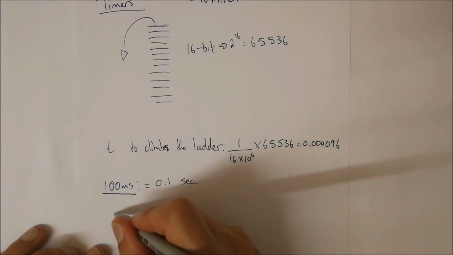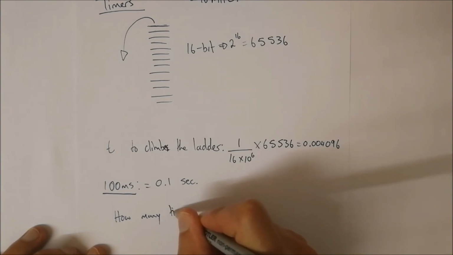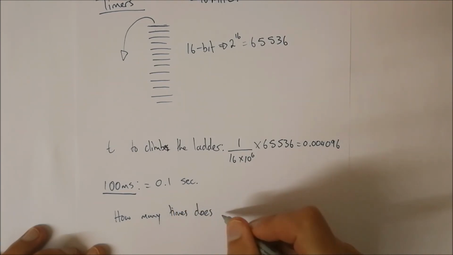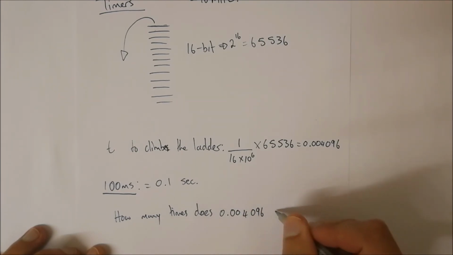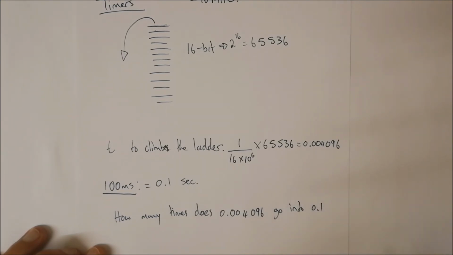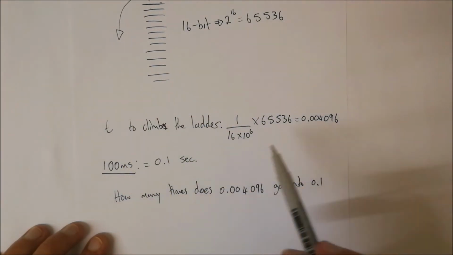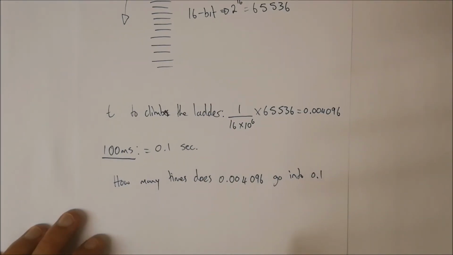In other words, how many times does 0.004096 go into 0.1? That will tell us how many times you've fallen off this ladder in a period of 0.1 second.